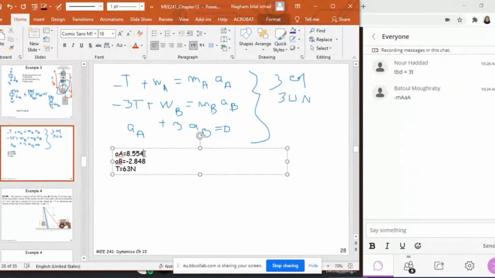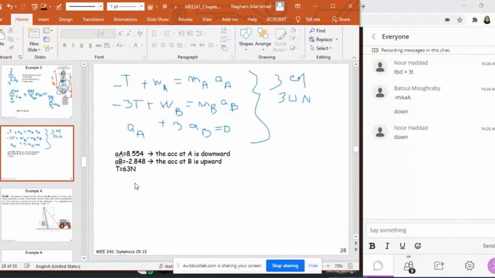What does aA equal to positive 8.5 mean? No, it is downward. It is the same direction as the positive S, okay? So don't get confused, please. Since aB is negative, then the acceleration at B is upward, right? And T is equal to 63 newtons.